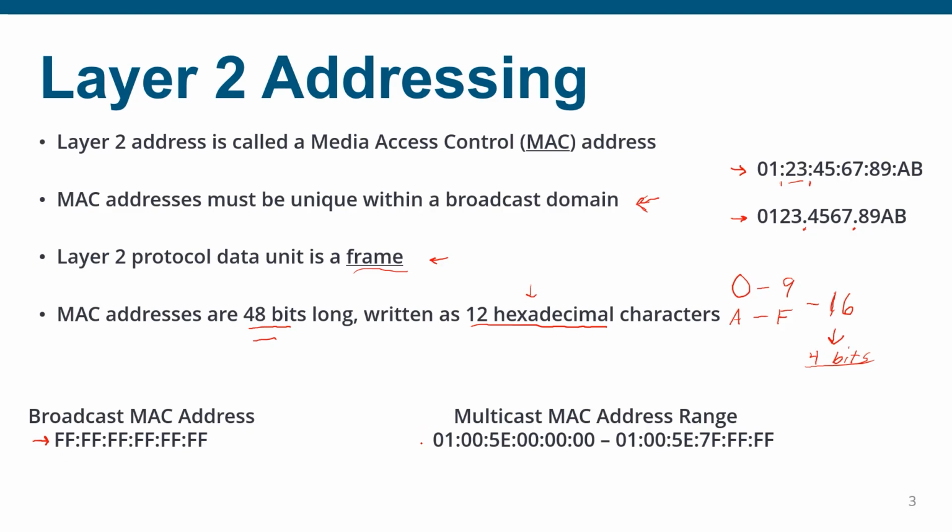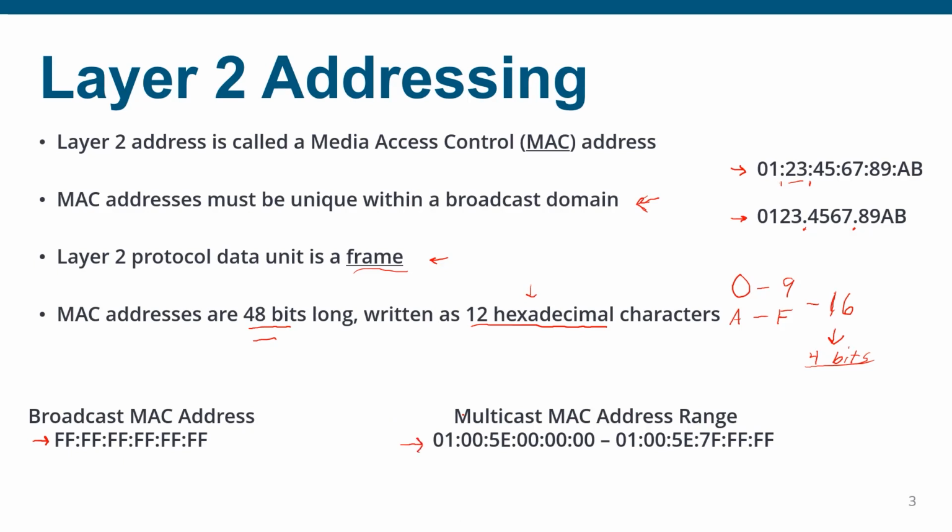MAC addresses also have unicast, meaning 1-to-1, a single node speaking to one other single node, as well as multicast addresses, one single node speaking to many or multiple other nodes. And the multicast MAC address range is here.